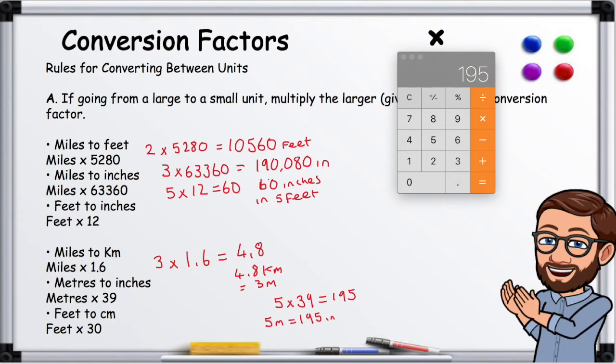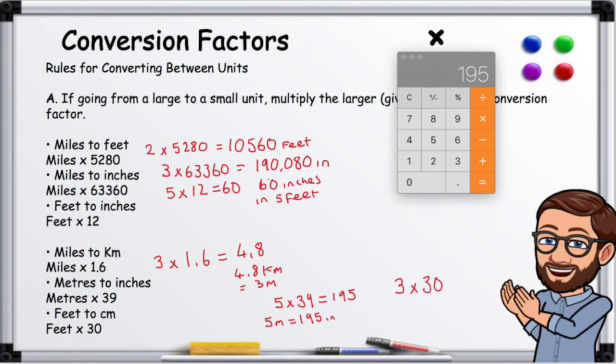Now we know there are 30 centimeters in a foot, so let's see what it will be with 3 feet. So we multiply the number given of the larger unit, 3 times 30.